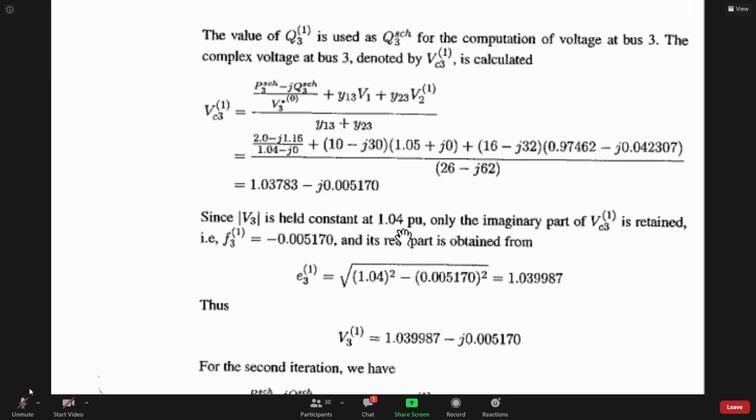When you make the complex part, in Cartesian or polar form, r theta, you will get 1.04, because you have to maintain that 1.04 all the time for bus 3.